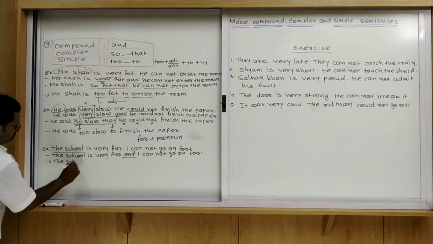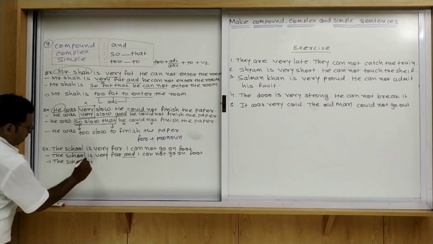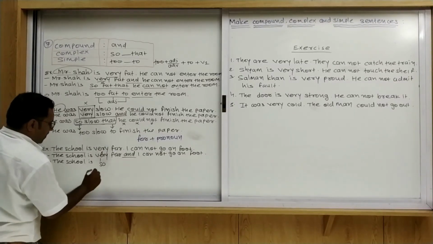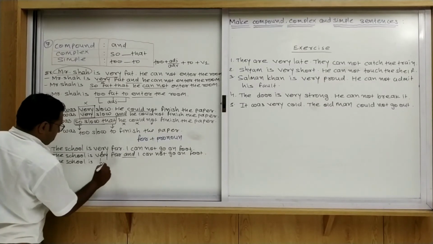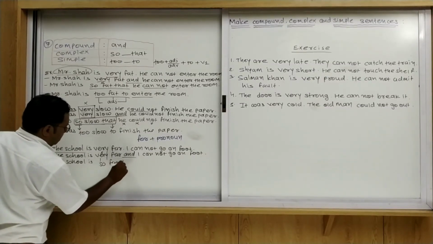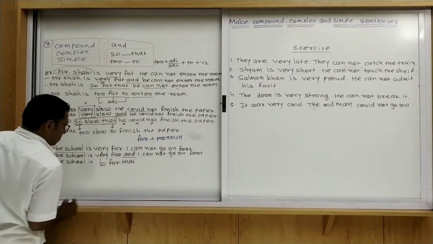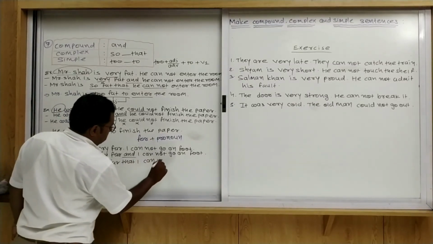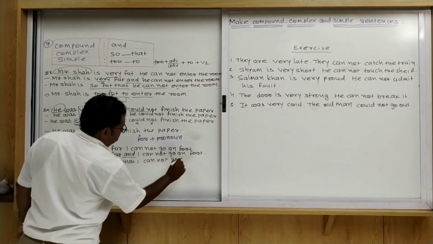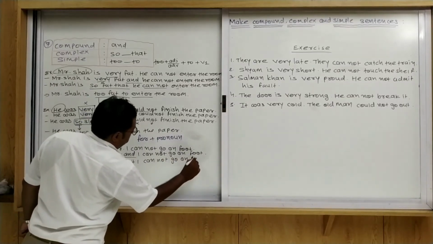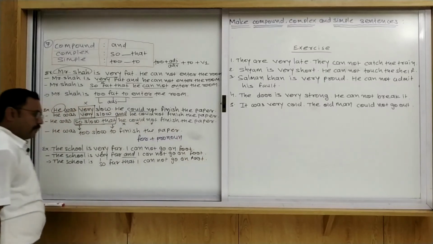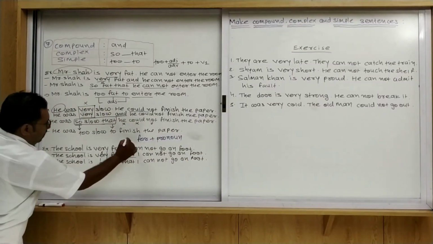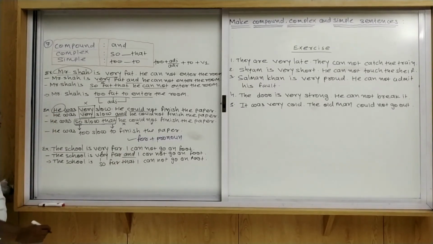The school is so, we remove "very" and write it down. So the school is so far that I cannot go on foot. Now when we use "too", at that time we have to use "for" plus pronoun.